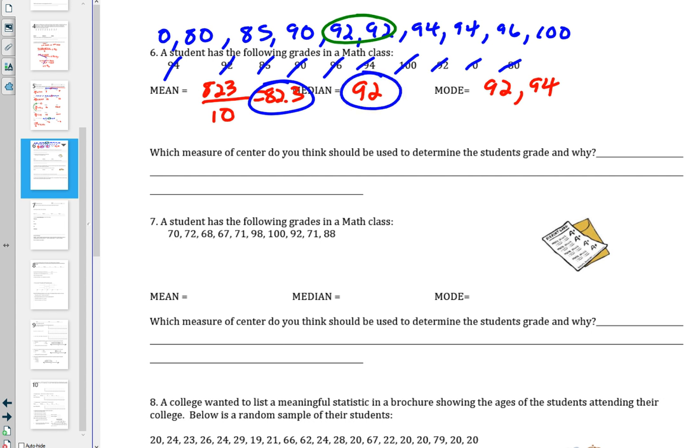We're not going to count mode. Mode's not a measure of center. I mean, technically it could be, but it's not a very good one. So between mean and median, you'd rather have an 82.3 than a 92? Yeah, the median would be the best one.